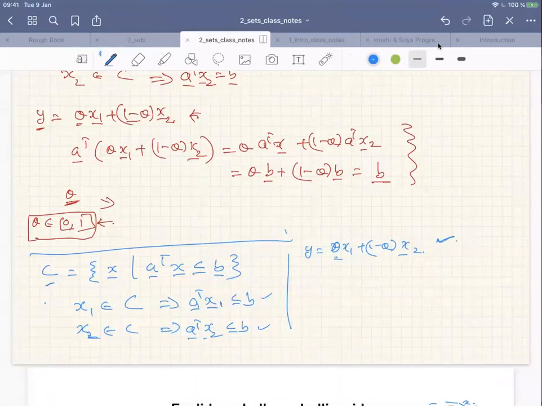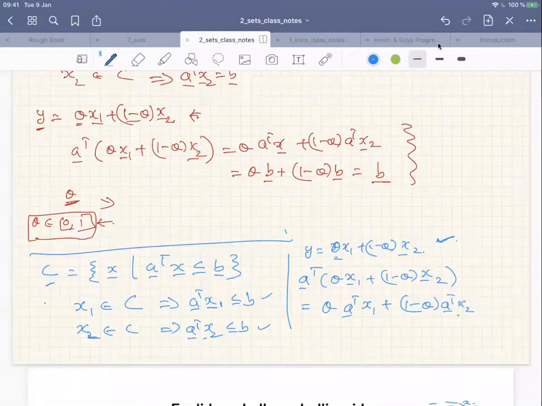We'll just see what this is. A transpose into theta x1 plus 1 minus theta x2 equals theta into A transpose x1 plus 1 minus theta into A transpose x2. Now we will see whether we can plug in these inequalities here.